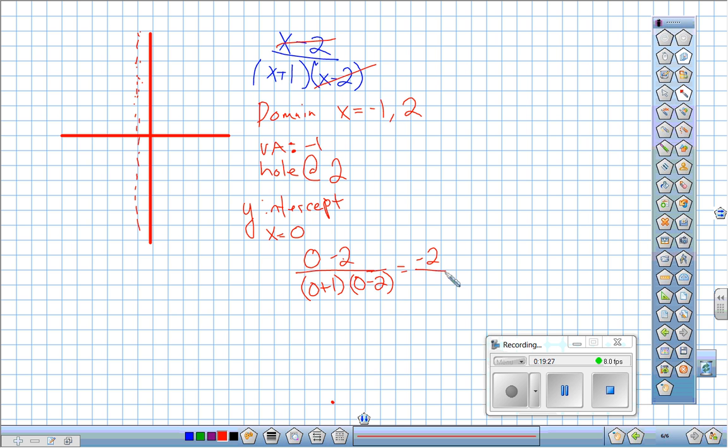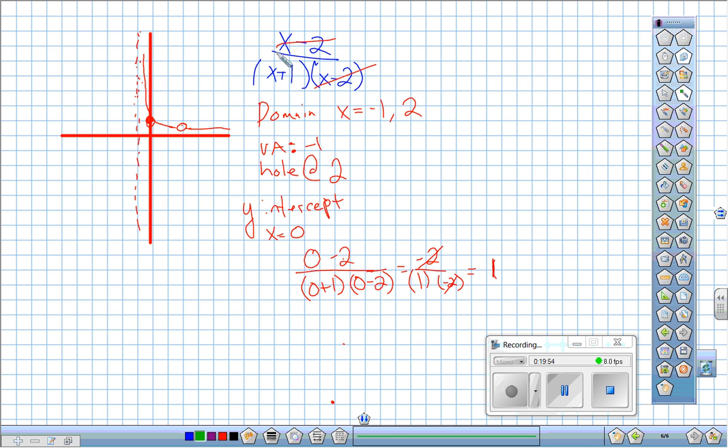So that will be negative 2. Then I will have 1 times negative 2. So that will all equal back to positive 1. So it will cross here at positive 1 so that I can sketch my graph real fast. But then I have a hole at 2. So I'm going to make just this kind of graph.